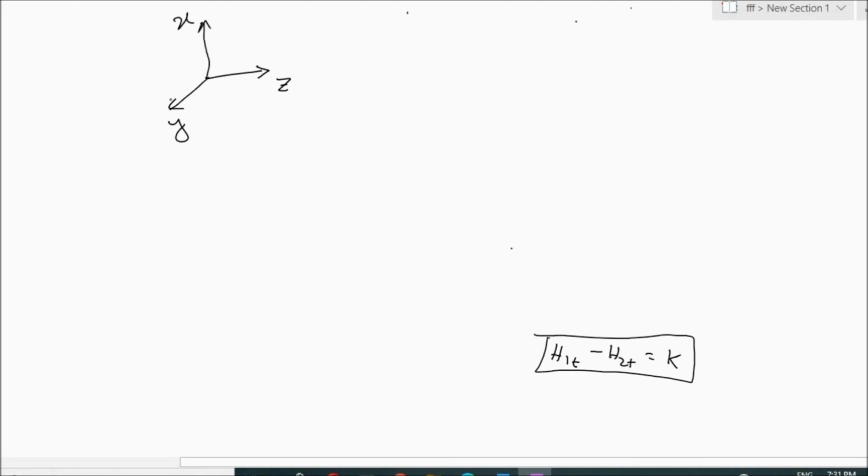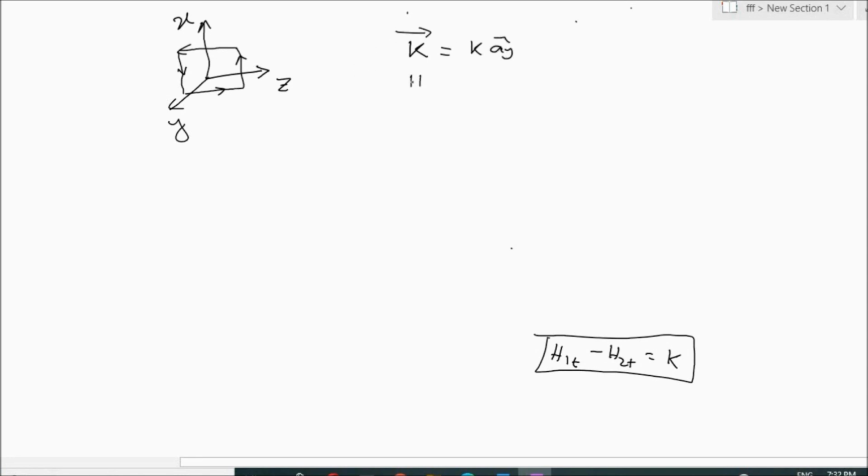Say the surface current K is flowing in the Y direction. You see the magnetic field will be in this way, and in this direction. So the tangential component is along the x-axis, the normal component is along the z-axis, and the current is in y.